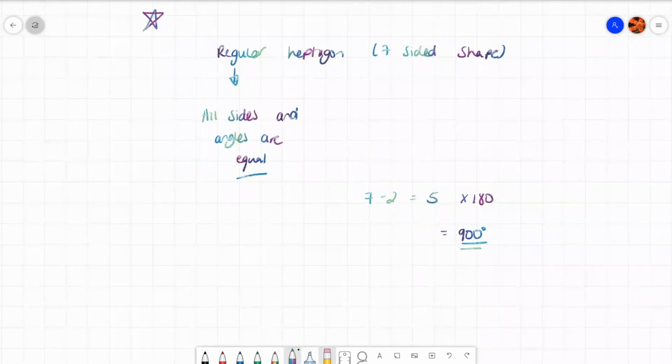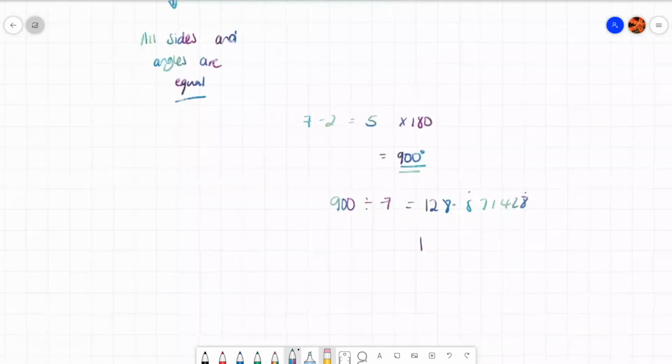Well, if all the angles are the same, I've got 7 of them, so I'm going to do 900 divided by 7, and I end up with 128.571428 recurring. I'm just going to round that to 128.6 to 1 dp. Degrees, 128.6 degrees, and that is what each angle would be.